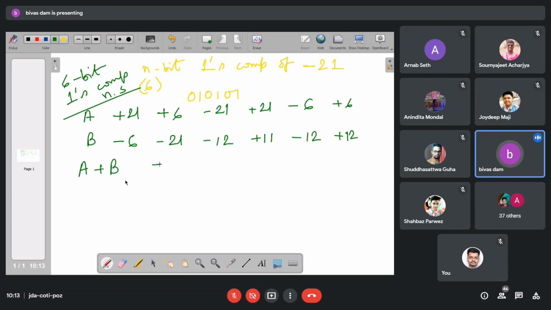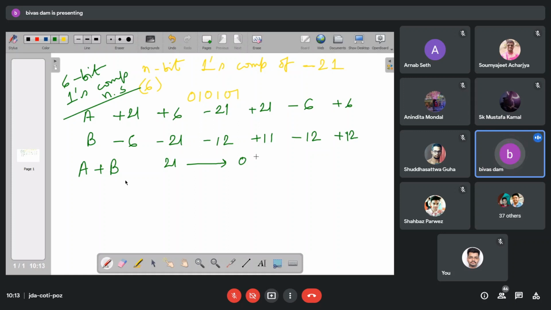The plus 21. So we have to start with plus 21 or something else as per our new convention. Sir, we have to start with 21 only. So what should be the representation of 21?